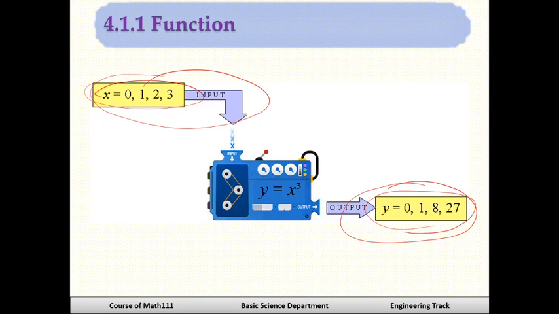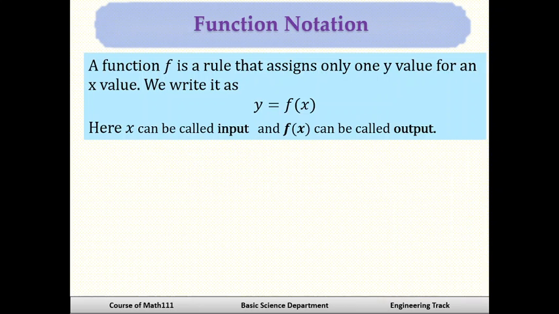And this here is the rule: the machine is always taking the x and cubing it, finding x cube, and then we say x cube is the y value, and we give it out. So you can think of the function as a machine, as it is seen in the picture.